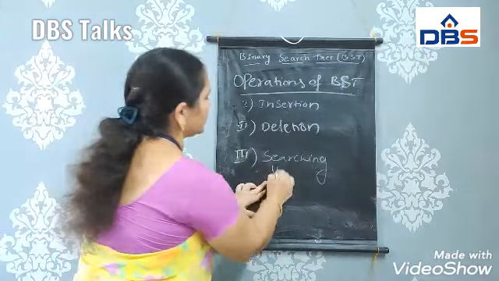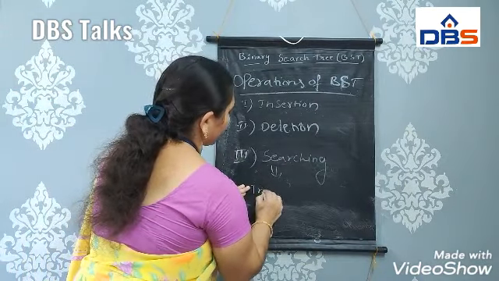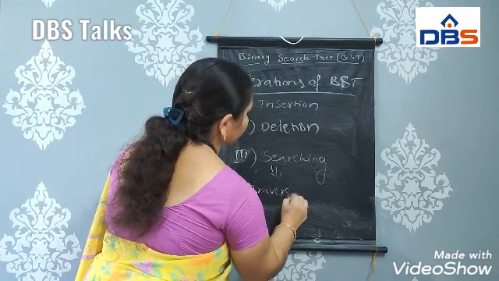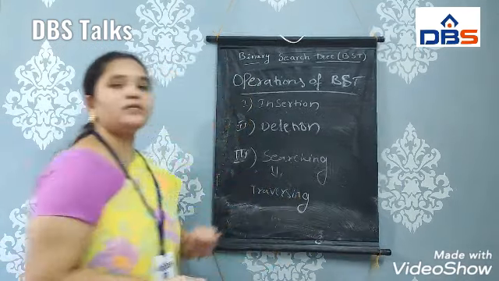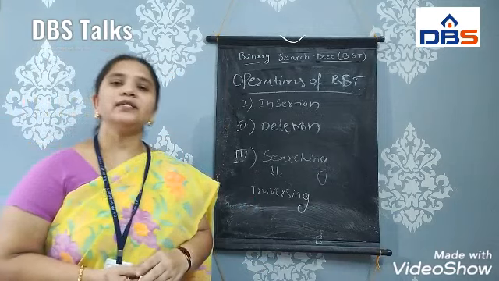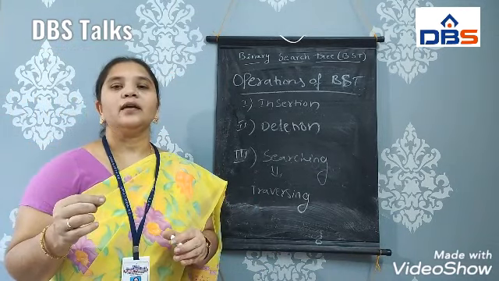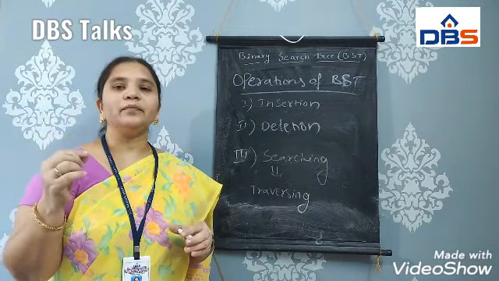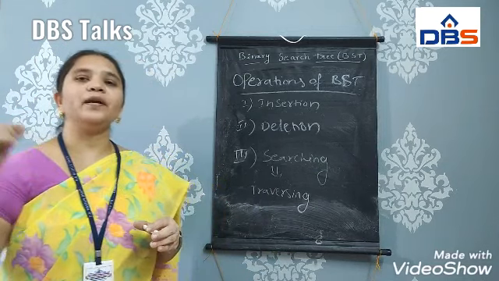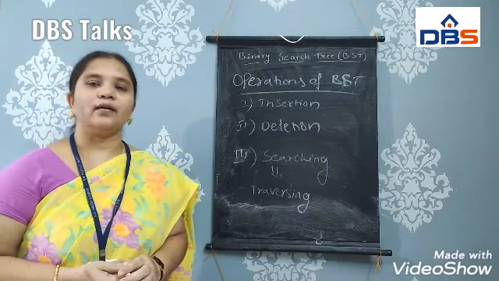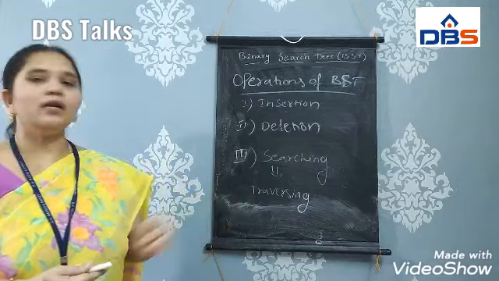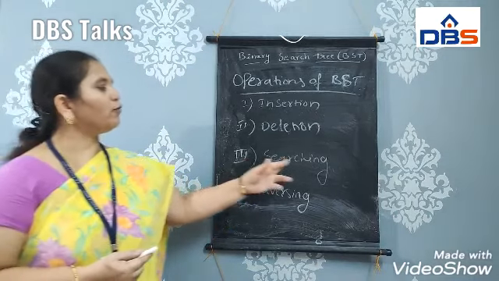Searching is nothing but traversing. Already we know what traversing is. Traversing means that in a tree, each and every node is visited or touched at least one time. That is called traversing.